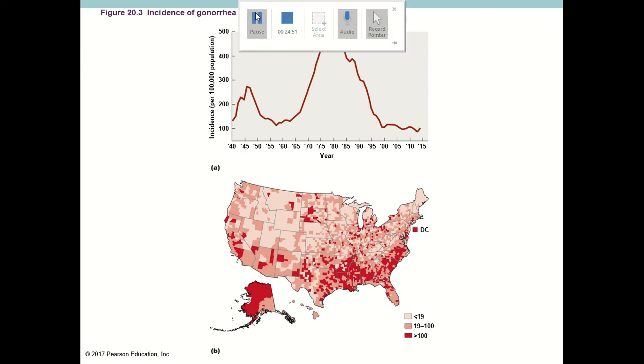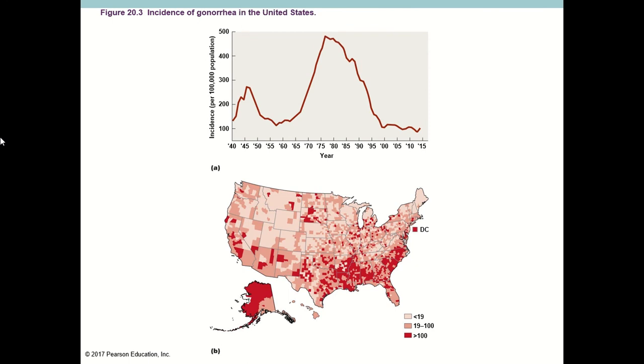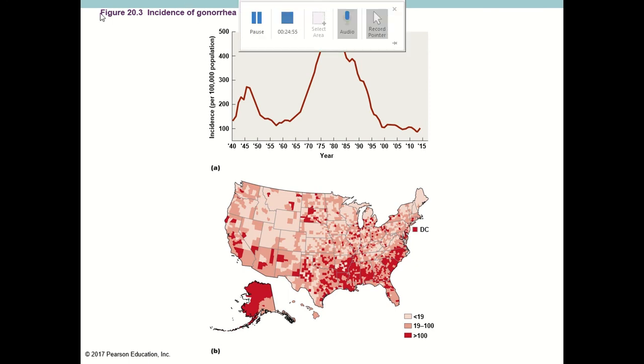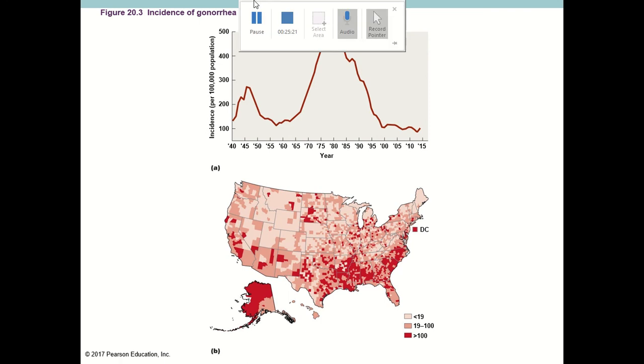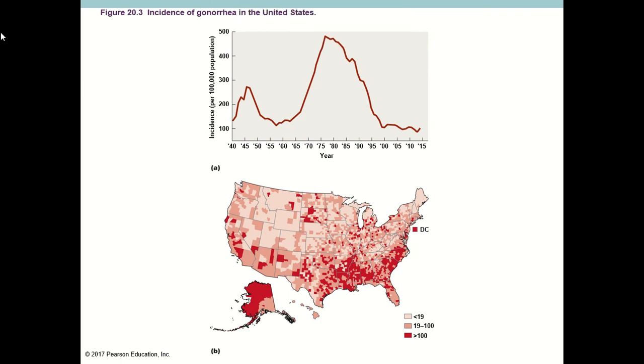It often goes asymptomatic in females, causing no symptoms, but if left untreated, which is very common if the disease is asymptomatic, it will trigger a more pronounced condition in females called pelvic inflammatory disease, or PID.